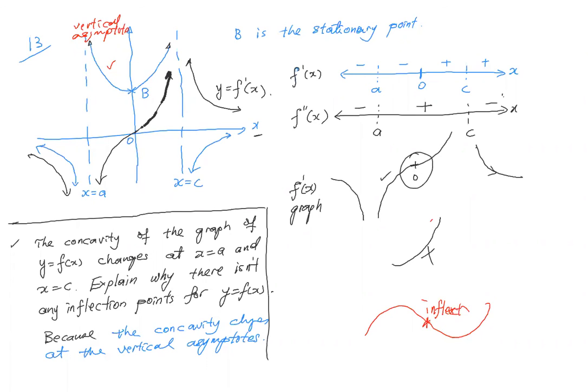Will they ask you to draw the f double prime x graph? What do you think the f double prime x graph will be like? It may look like the f x graph. You may want to try. Okay, so you please look through.